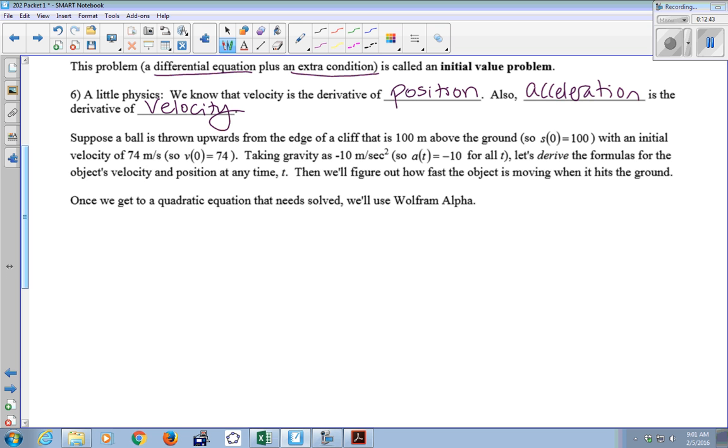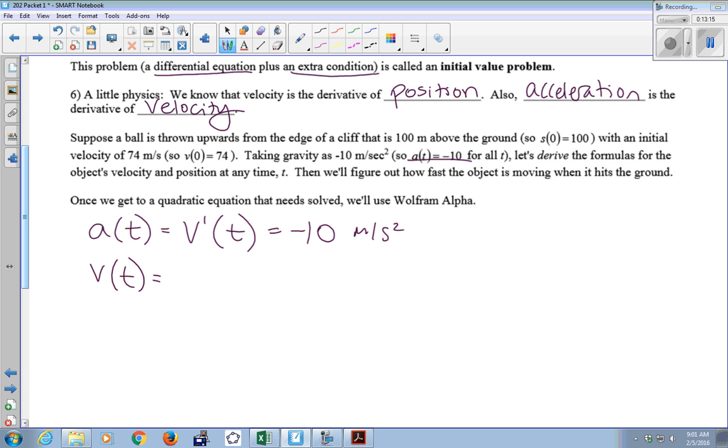Okay, so I know acceleration, that was given, right? Gravity, a of t equals negative 10, which is velocity prime, the derivative of velocity, is negative 10 meters per second squared. So that means that velocity is the antiderivative of acceleration, right?